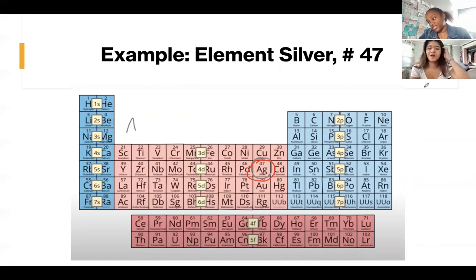I'm going to give you 5 minutes to figure out the configuration for silver, number 47. The silver full configuration and the shortcut. Okay. Go.